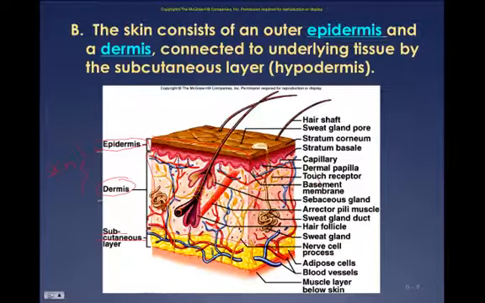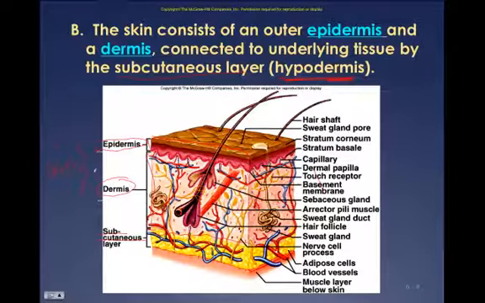And the easy way to identify that subcutaneous layer, sorry, is that it has adipose tissue, fat cells. So again, you can see they've drawn in yellow here, all these fat cells. So you hear the subcutaneous layer, also called hypodermis, okay? And hypodermis just means below the dermis, or below the dermis layer.